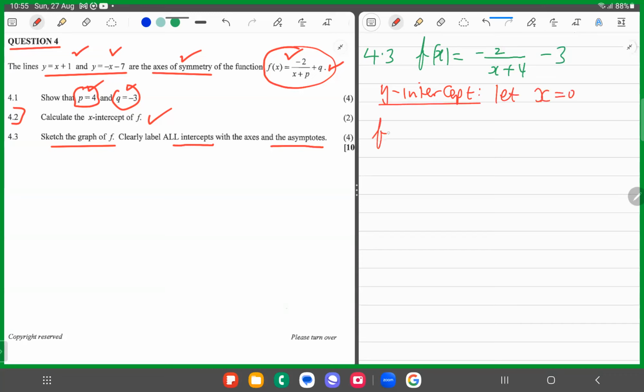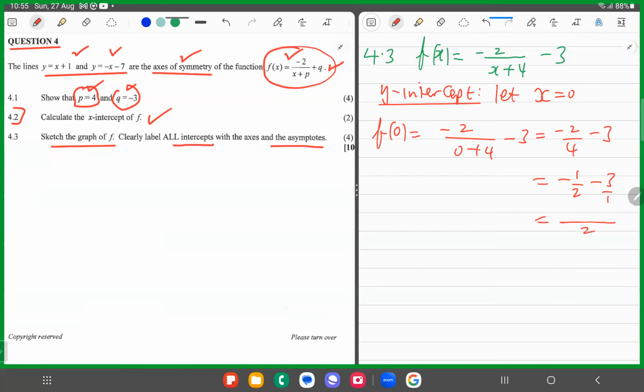When x equals 0, we have minus 2 divided by 0 plus 4, minus 3, which is minus 2 over 4, minus 3, so which is minus 1 over 2, minus 3. So we take the LCD, which is 2.